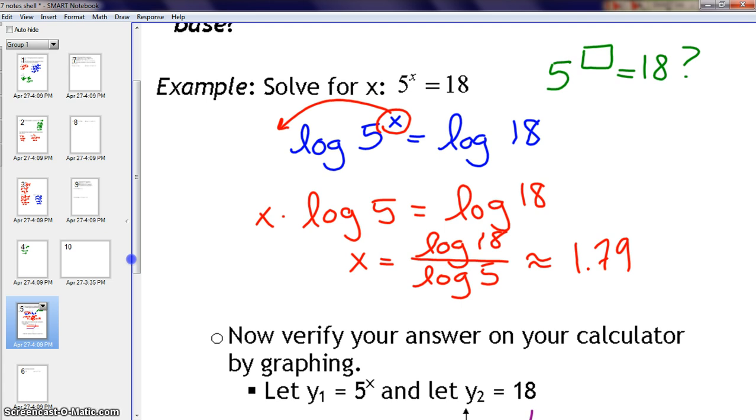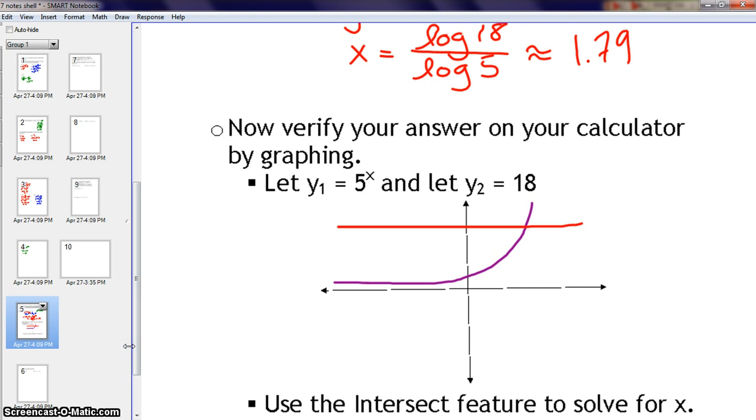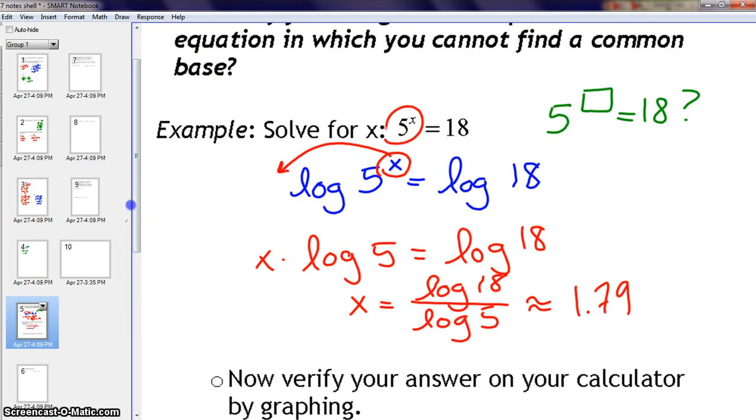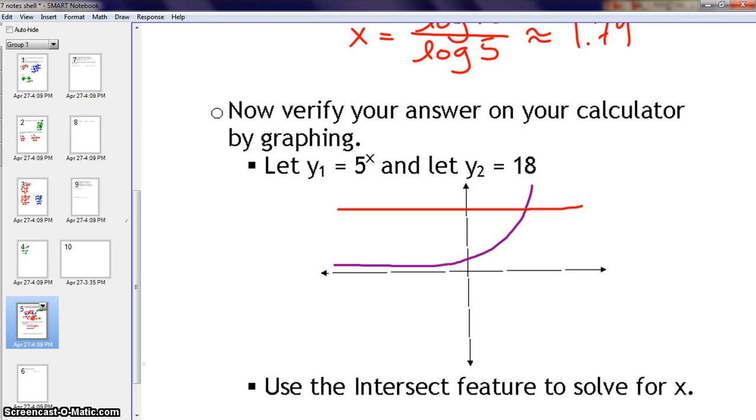So that's the idea. If you wanted to look at this more visually, and I am just going to mention this in passing, if you take the function 5 to the x, which was this half of the equation, and you put that as y1, and then 18 you put in as your y2, what you're essentially doing is figuring out at what x value this exponential curve crosses this line, which is at 18.